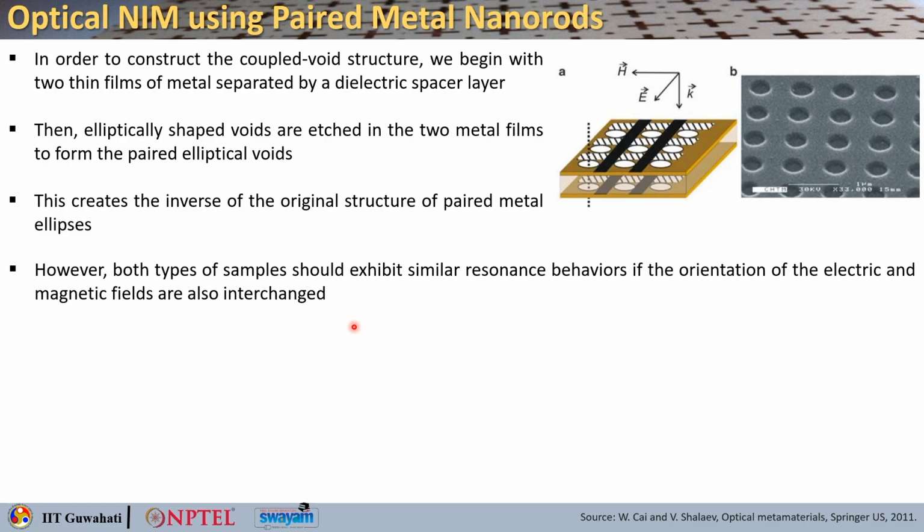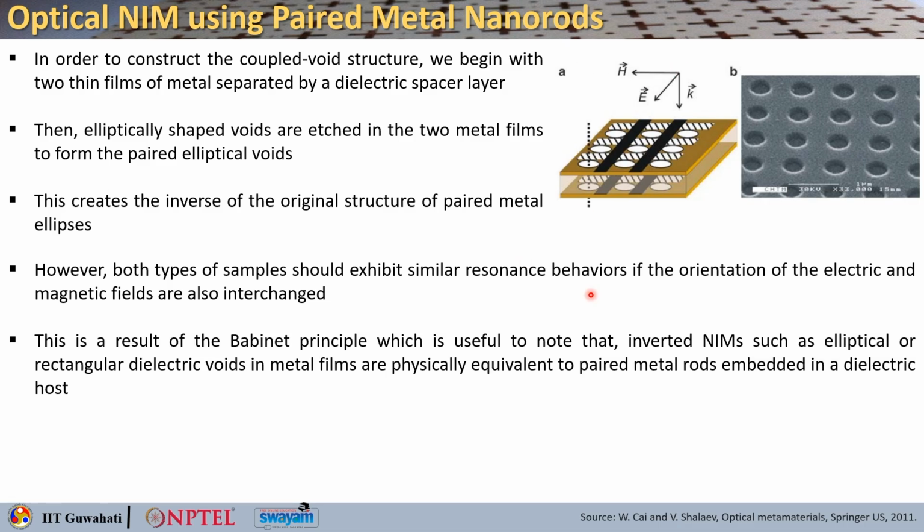In both these kinds of samples, they should ideally exhibit similar resonance behavior if the orientation of the electric and the magnetic fields are interchanged. Here this is the direction of the wave falling, this is the direction of the E field and H field. This is nothing but a result of the Babinet principle.